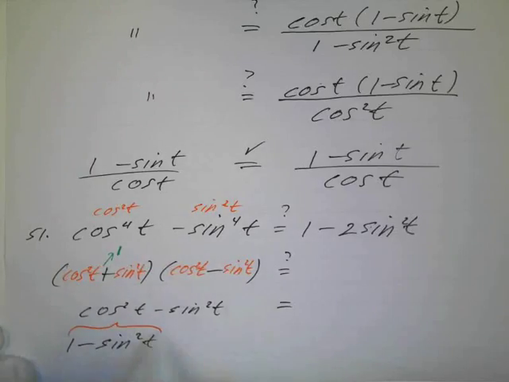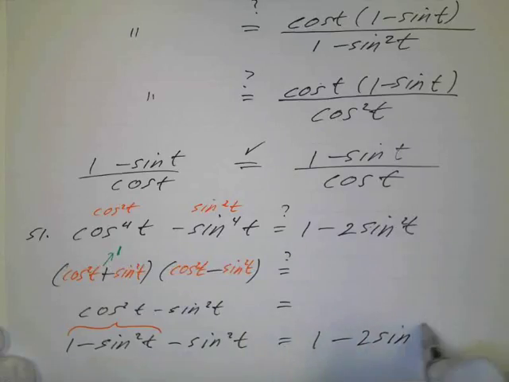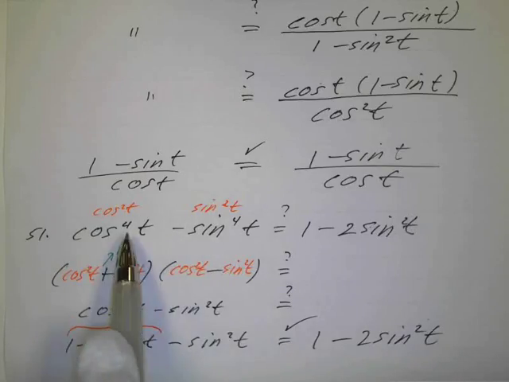Let me just bracket it here so you see this. And I have also a negative sine squared of t. So does that equal 1 minus 2 of these? I got a negative sign, and negative, that's 2. So negative 2 sine squared of t. And there's my check. Yeah, because I've got 1 minus 2 of those, that's what that is.